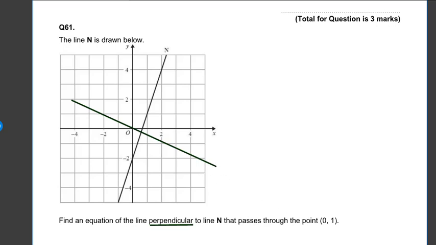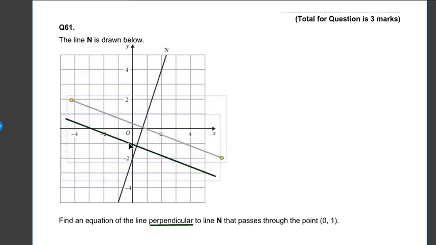Okay, so we're told that it passes through the point 0, minus 1. Now you won't have the ability to do this. Well, you might in the exam, but just don't bother. Where is 0, minus 1? It's actually here. So it's going to cross somewhere like that, right? If you want to draw it in, you could. Yeah, because that's perpendicular and it goes through 0, minus 1. Fine. Anyway, you don't even need to draw this in.